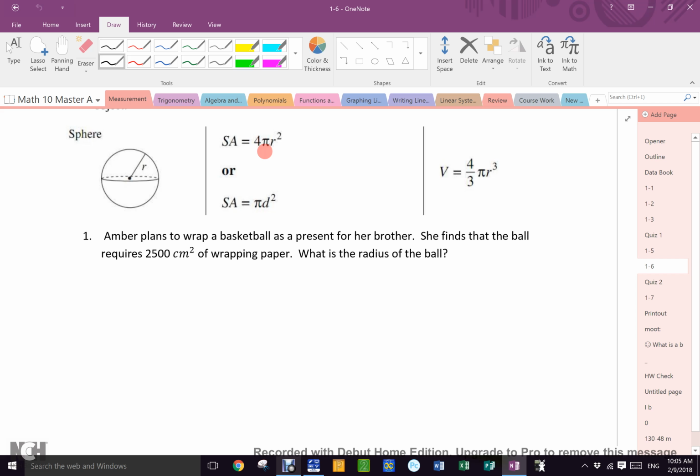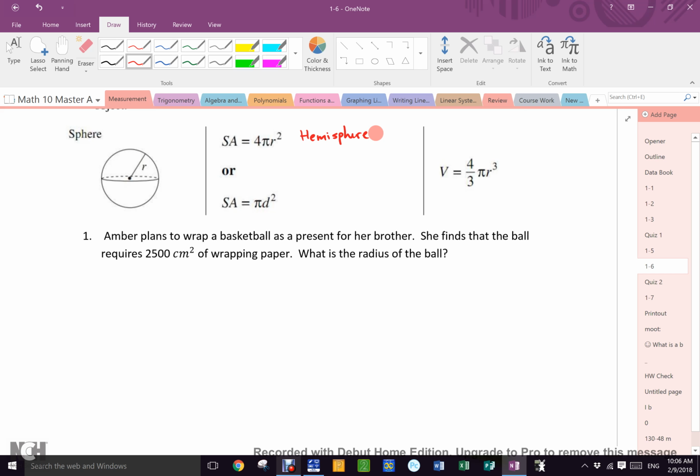It's easy peasy. When you start getting into trouble is when we have hemispheres. What's a hemisphere? Half of a sphere, yes? Right? Everyone agree? Okay.